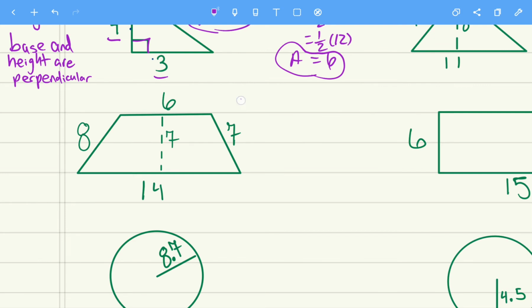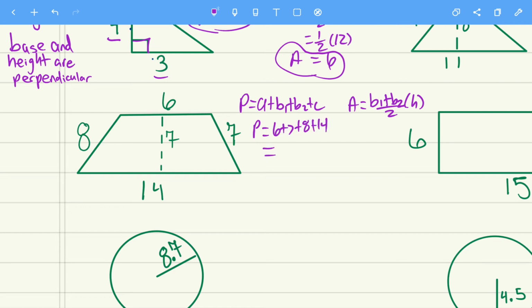Now we have a trapezoid. Perimeter is, of course, all the sides added together. So we're going to do 6 plus 7 plus 8 plus 14, which is 13 plus 22, which is 35. So the perimeter is 35. Now let's do the area.